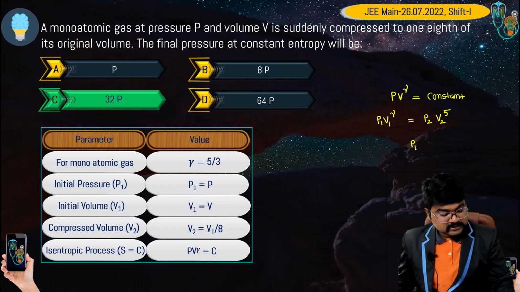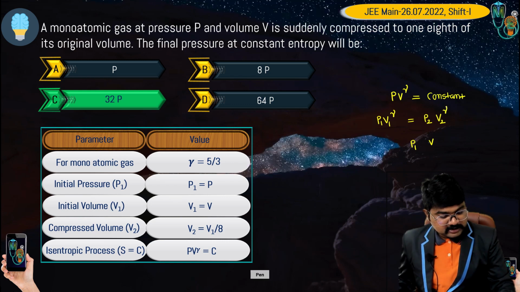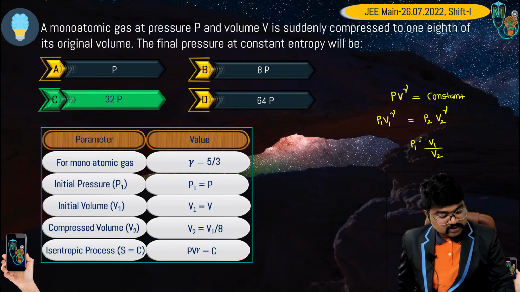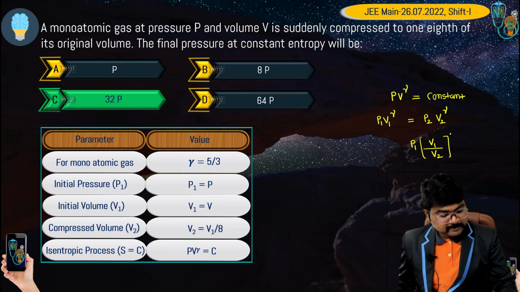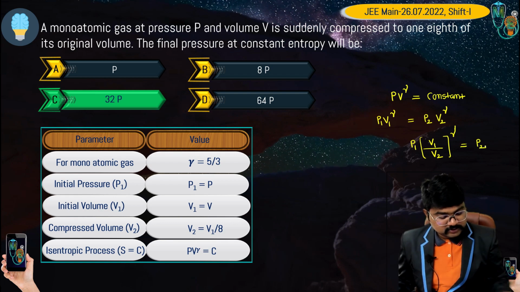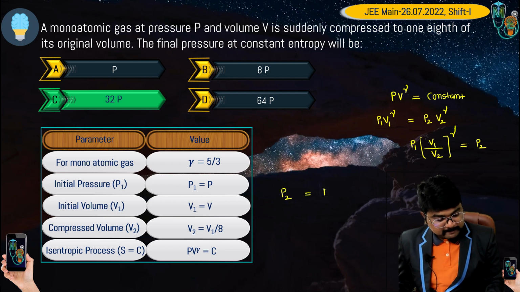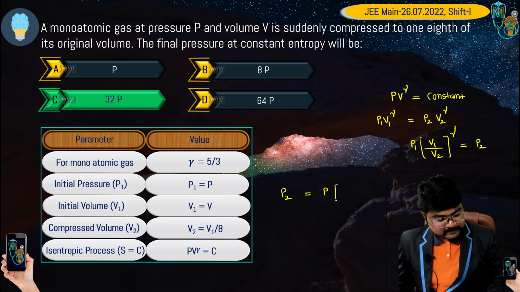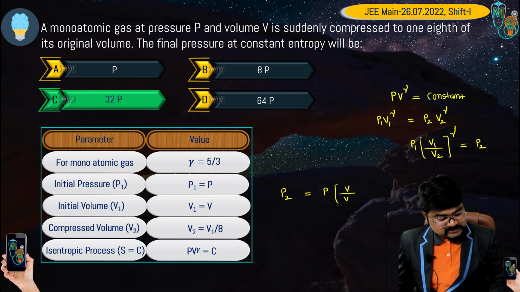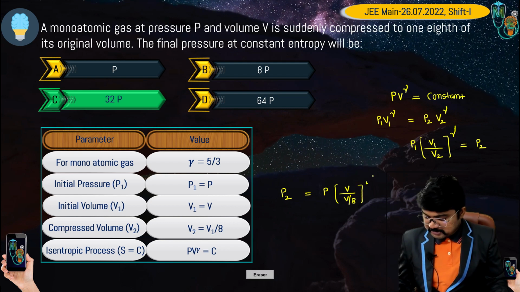Here it is P1 V1, this is gamma. V1 by V2 whole power gamma equal to P2. P2 equal to P1, equal to P. This is V by, this is V by 8 whole power gamma.